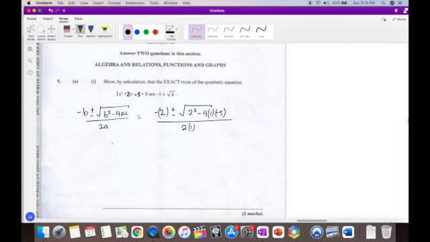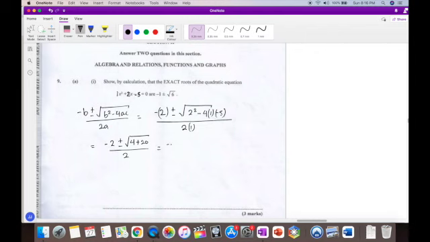Right? And it's starting to come together already, so we could see that this is minus 2 plus or minus the square root of 2 2s are 4, 5 4s are plus 20, right? Because the double negatives there, divided by 2.